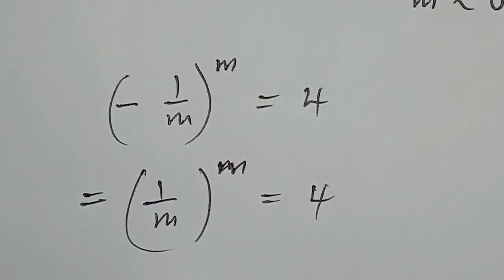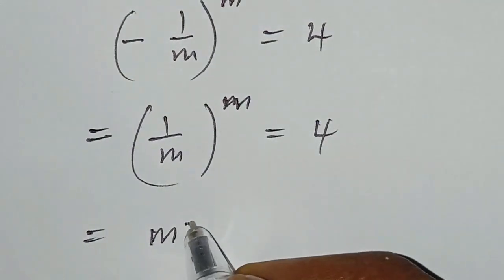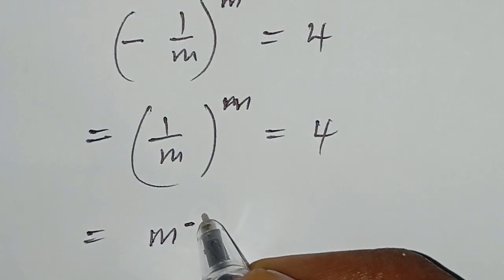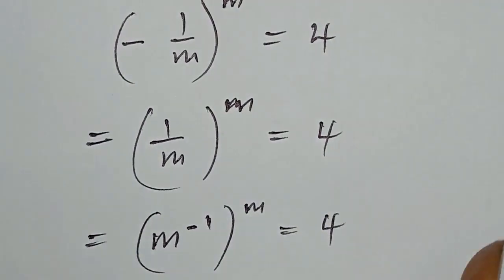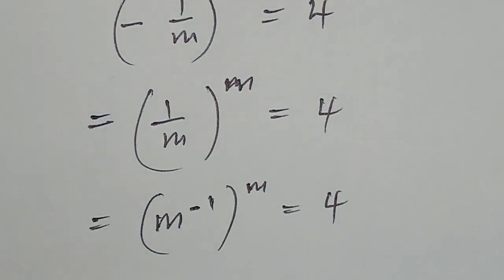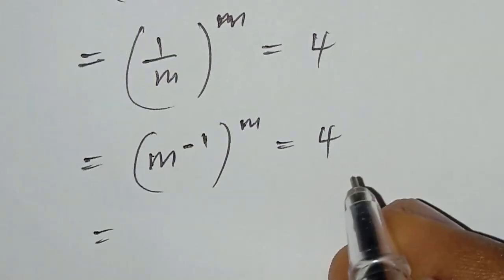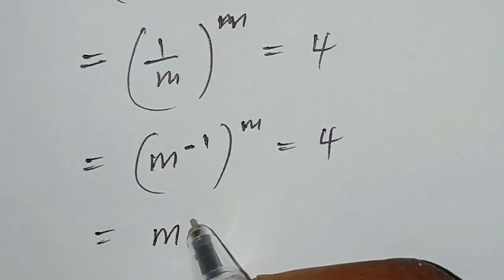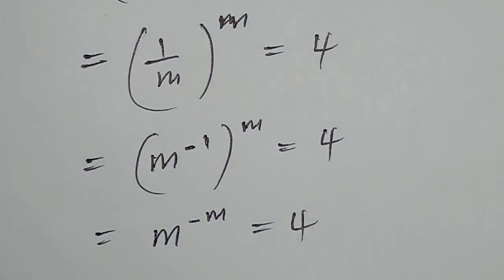Now this can be put as m to the power of minus 1 into bracket to the power of m equal to 4. If we multiply with the exponent, we have m to the power of minus m equal to 4.